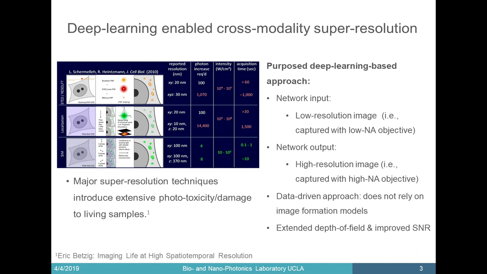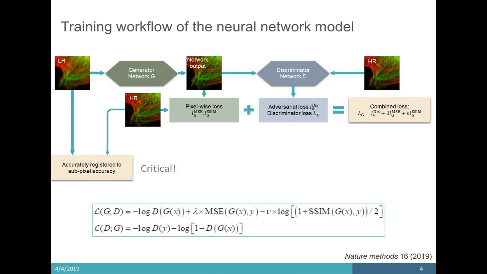In our method, by training a neural network model, we can transform a low-resolution image into a high-resolution one. Our method is purely data-driven, which means it does not rely on any prior knowledge or modeling of the imaging process. Furthermore, we also show that the neural network inferred image has extended depth of focus and improved signal-to-noise ratio.